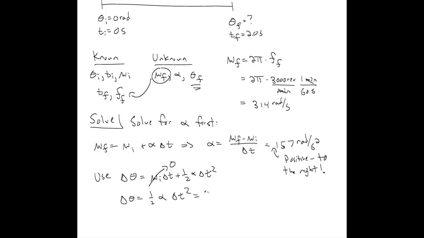And so we multiply this out and we get 314 radians. Now the question asks how many revolutions does the crankshaft make, not just radians, and so we need to convert this into revolutions. We do that by noticing one revolution has 2 pi radians. And so multiplying that out, we get somewhere around 50 revolutions that the crankshaft makes.